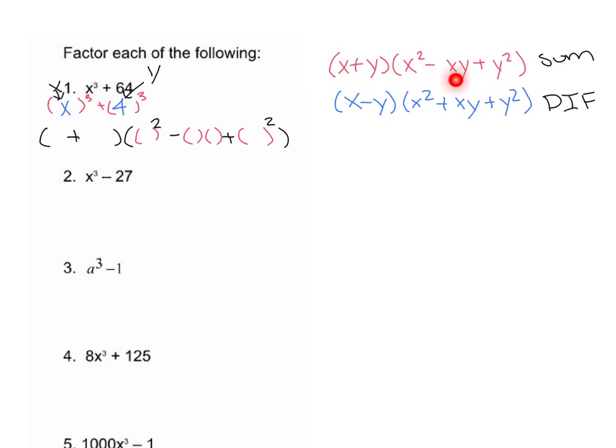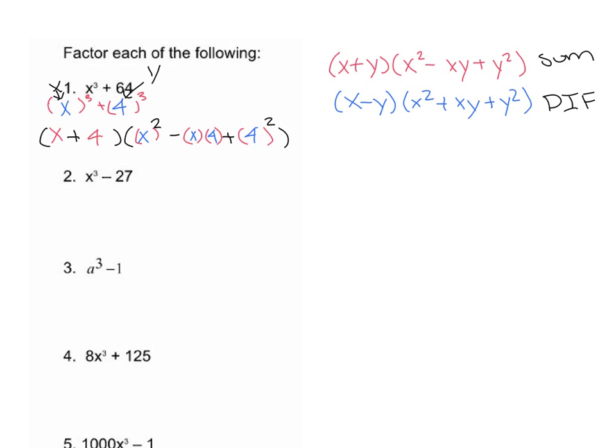Now, remember, this is a plus sign, so therefore we're going to use the sum formula. So notice I already have it set up: plus, minus, plus. Let's plug in what we got here. We get x plus y, so that's x plus 4. Then we have x squared, minus x times y, which is x times 4, plus y squared, which is 4 squared.